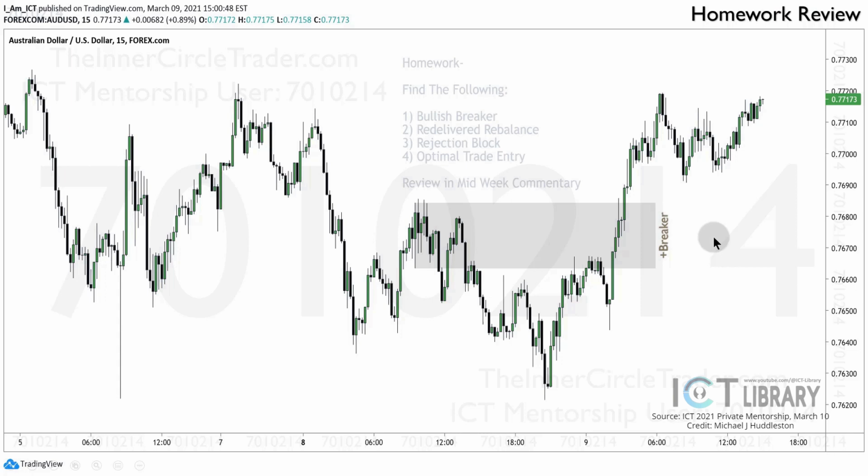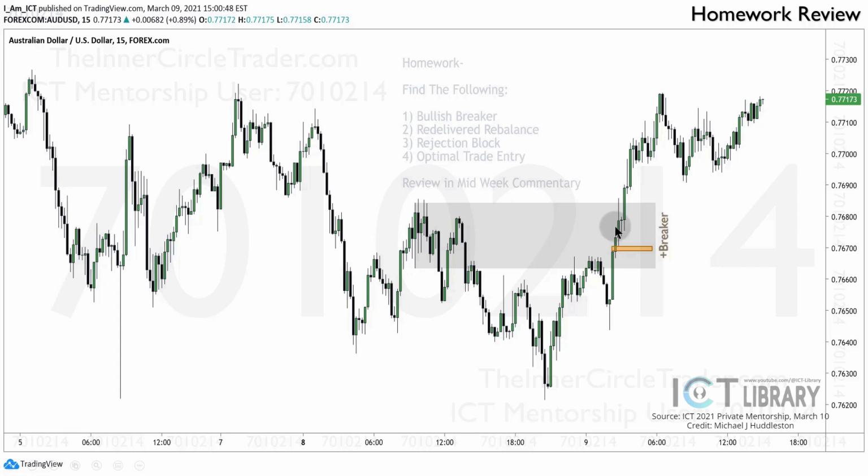The next thing is the redelivered rebalance. That is right there. Now what it is: we have this candle going up. It comes off the high and creates a wick. The next candle trades lower and then runs through the wick and closes above. So we had an imbalance that was redelivered and rebalanced.